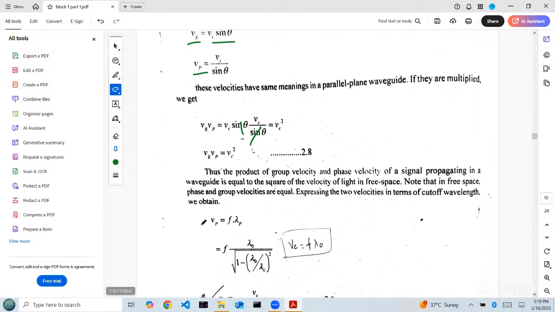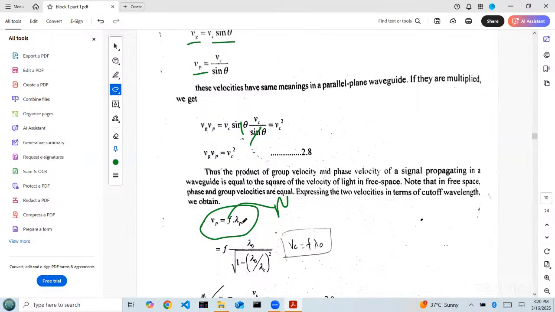After getting Vc square, the formula V equal to n lambda. What is our formula? V equal to n lambda. Here n is represented by frequency f. What is lambda p, which we got from the previous equation? The propagation wavelength formula. What is the lambda p formula? Lambda naught by under root of 1 minus lambda naught by lambda c, whole square.